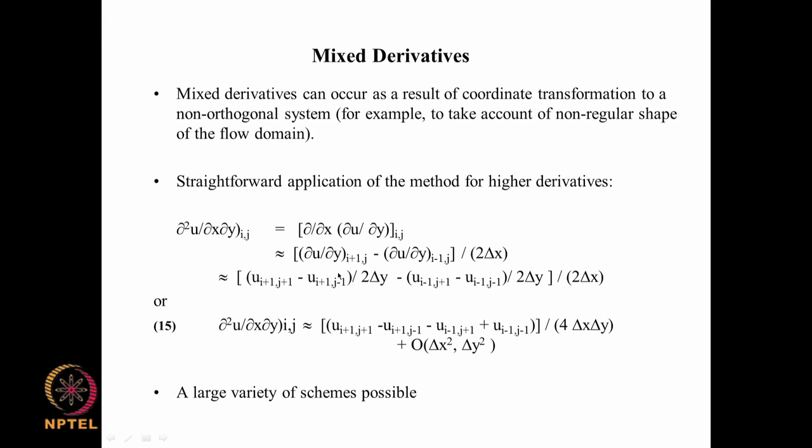Okay. So, with this we can claim that we are now in a position to write a finite difference approximation for any derivative, and therefore we are in a position to come up with a discretization scheme for a given differential equation. So, in the next lecture we will do a tutorial on a Poisson equation.